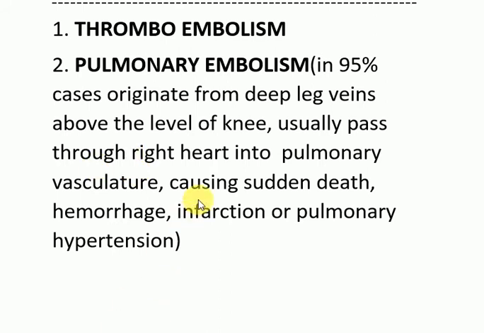Guys, in pulmonary embolism, if the emboli are small, they may occlude minor branches of the pulmonary artery with no immediate effect. But if numerous small emboli occur over a long period, the pulmonary microcirculation may be severely affected and may lead to pulmonary hypertension.